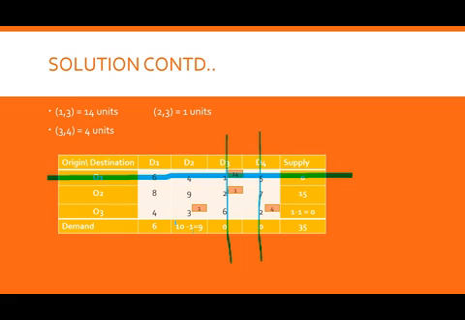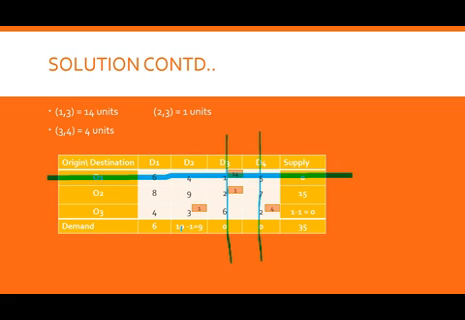Now what is the remaining cost matrix? 8 9 4 3. So which is the least cost? Obviously 3. How much you can transport? Supply is 1, demand is 10. So I can transport only 1. So transport 1 at 3 comma 2. So what happens? Supply becomes 1 minus 1, 0.